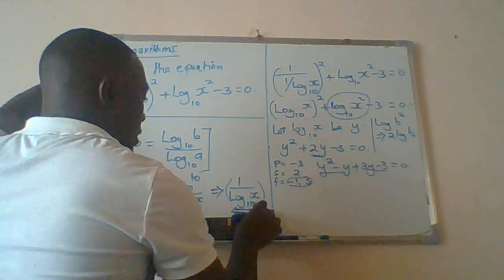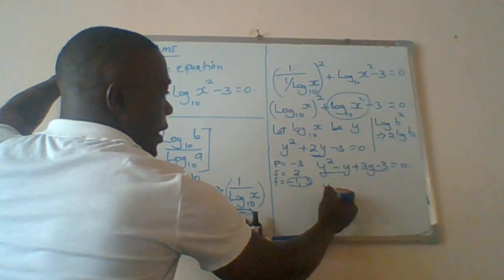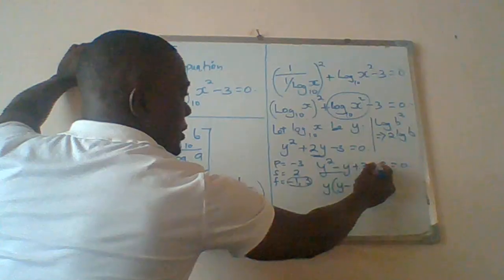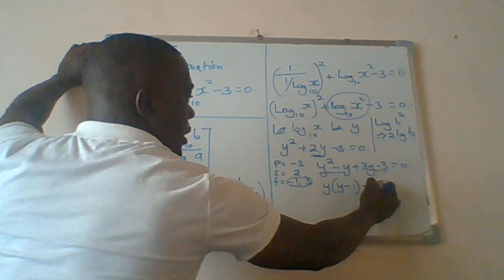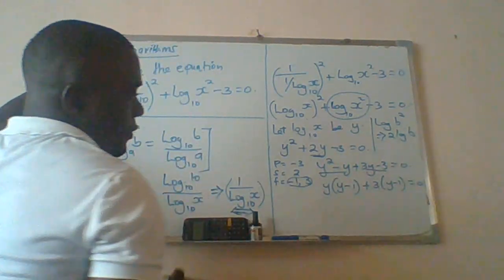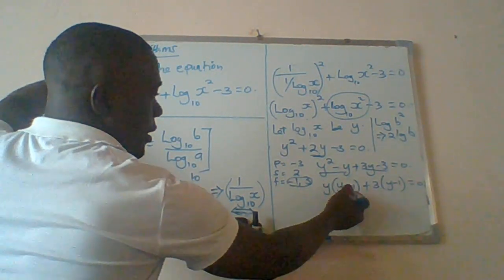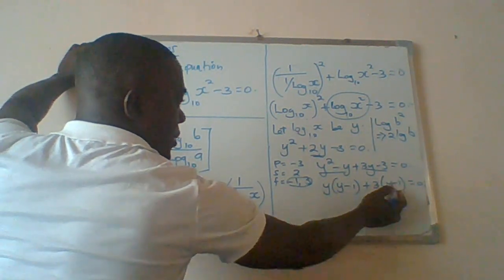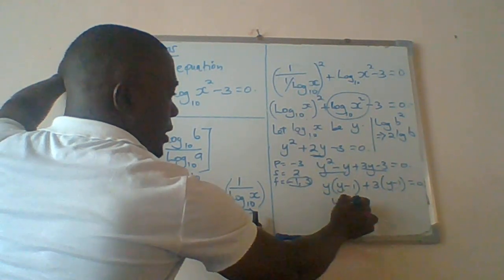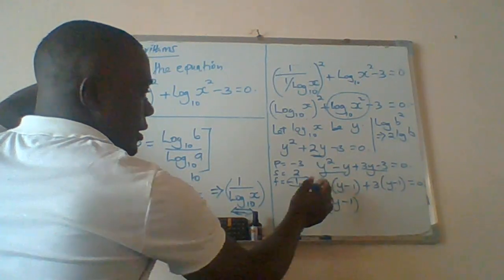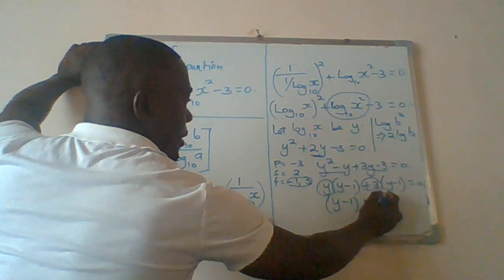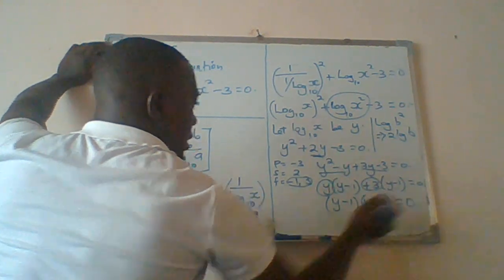It will be y into y minus 1 plus 3 into y minus 1 is equal to 0. Here, this part and this part are the same, so we pick one of them. That will be y minus 1, and then the remaining part is y plus 3, which is also equal to 0.